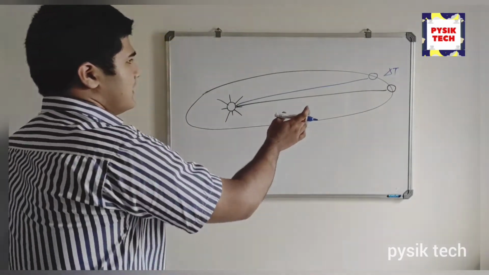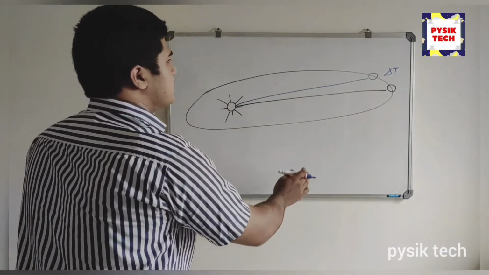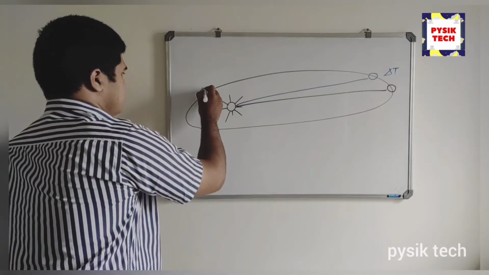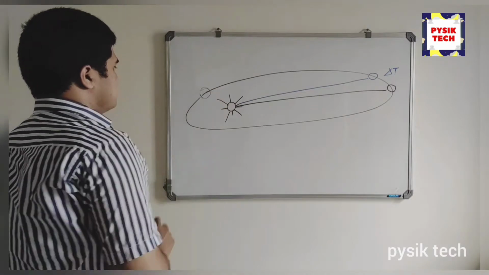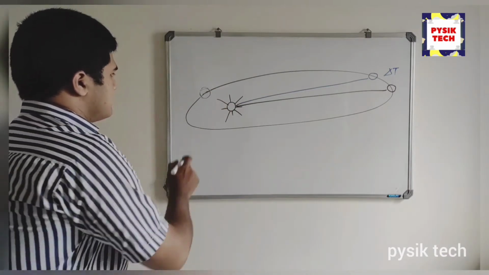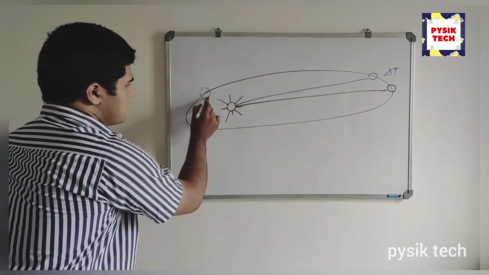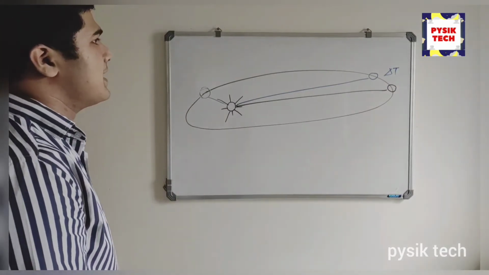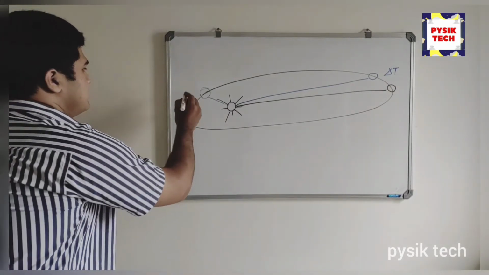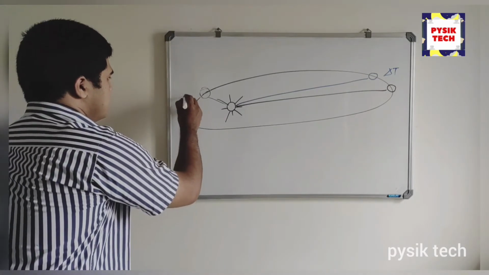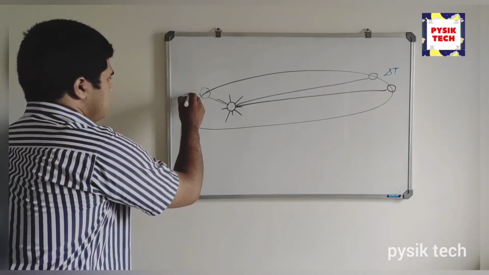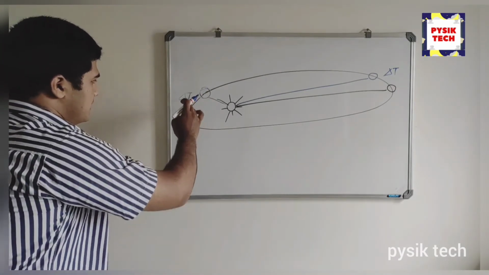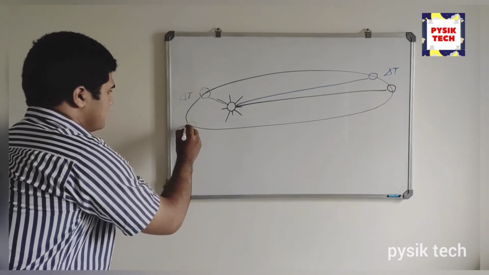After that, our planet moves here. Then the distance between the Sun and this planet is this, a shorter distance. In a particular time period delta t, the planet moves from here to here.